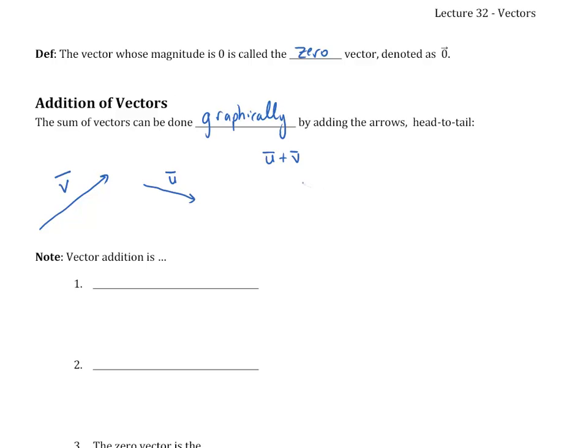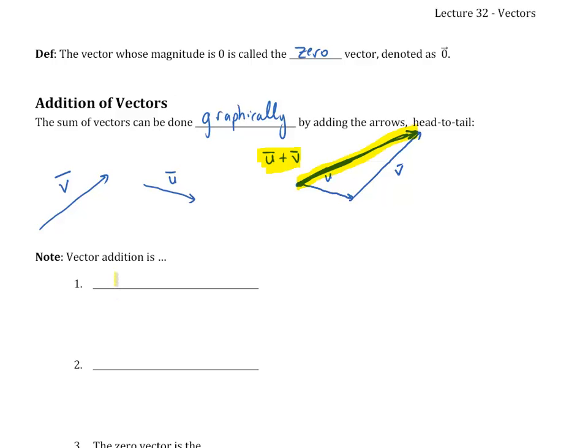I would take U, which is that vector of that length, and then I'd put V at the end of it, which is this vector of this length, right? And then the resulting vector from going from the start of the first vector to the end of the last vector, this vector right here, and I'll highlight it in yellow just to emphasize it. This vector here is U plus V. That's the sum of those two vectors. So it has some properties.